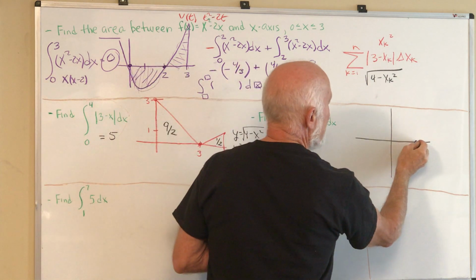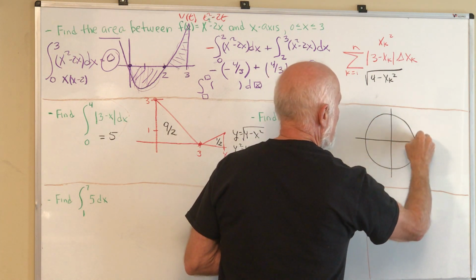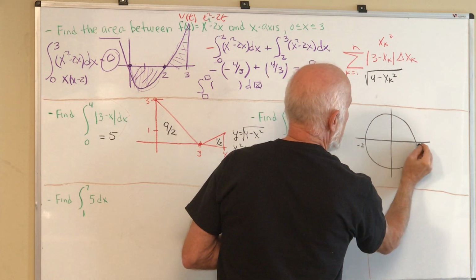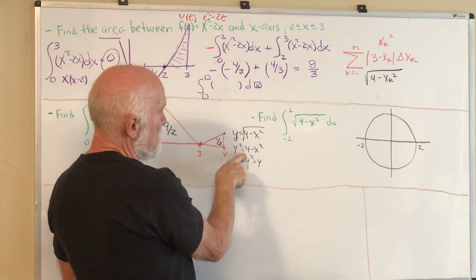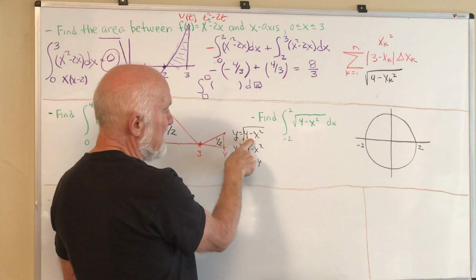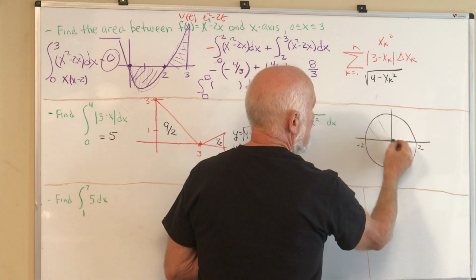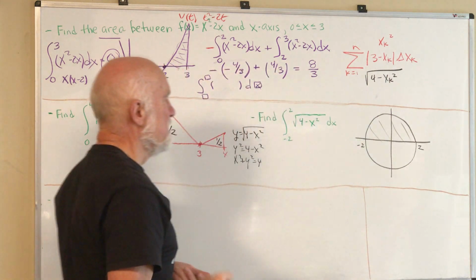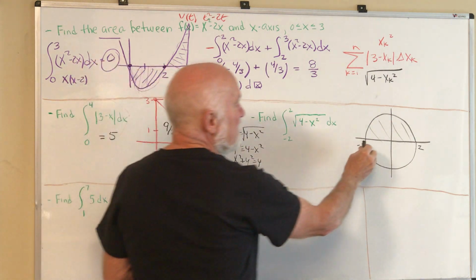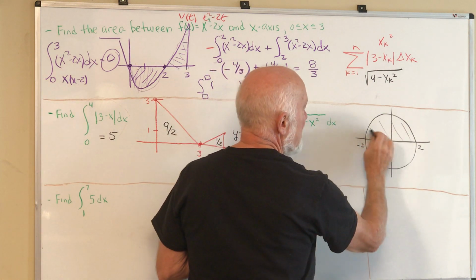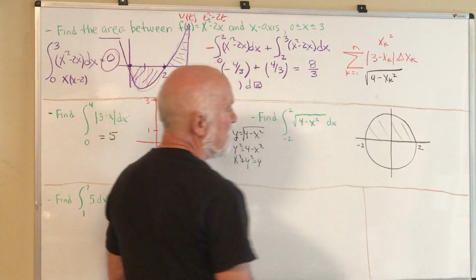What we have is a circle that's going from -2 to 2, but if you worked backwards, this would be plus or minus. We're only looking at the top part, right up here. So what this definite integral is doing, it's finding the signed area between this function up here and the x-axis.